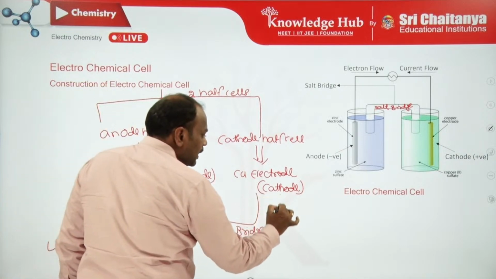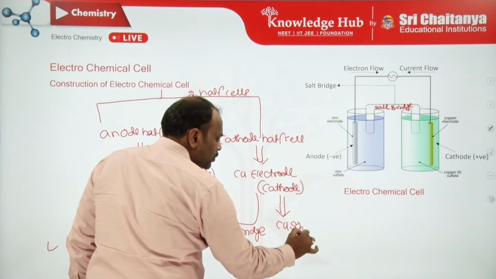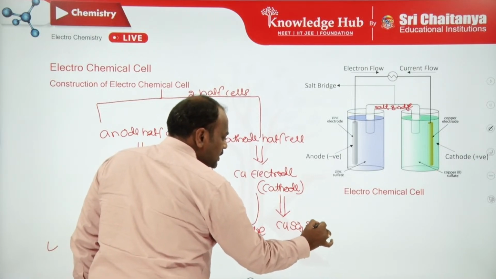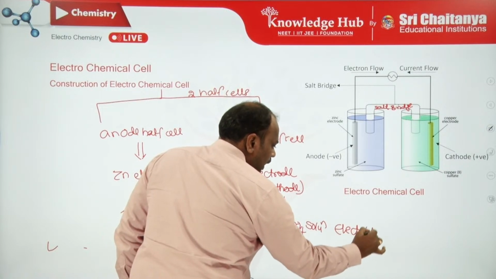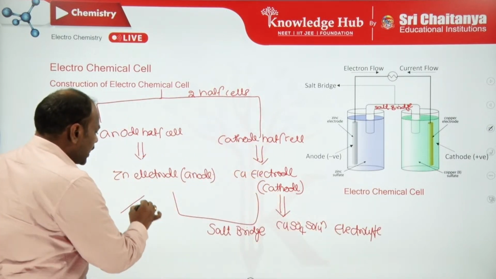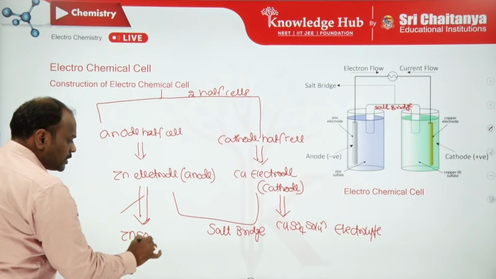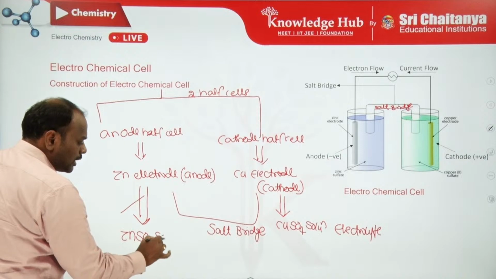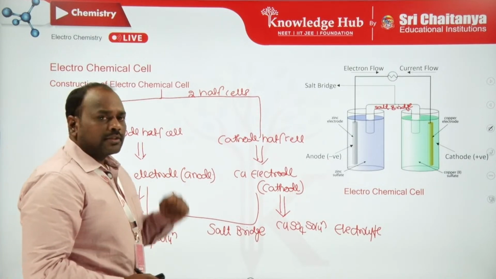In the cathode half cell we use the copper sulfate solution, which is acting as electrolyte. In the left side also we use an electrolytic solution, that is ZnSO4. Zinc sulfate solution is used, which is also acting as electrolyte. So this is the construction of the cell.